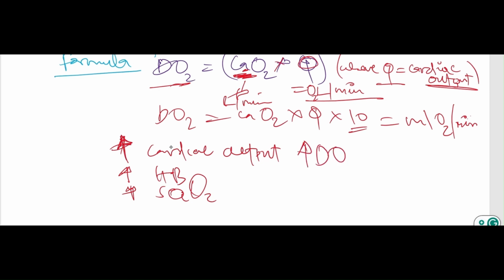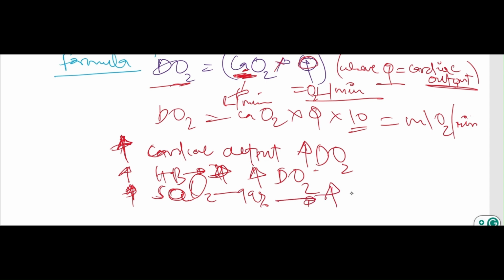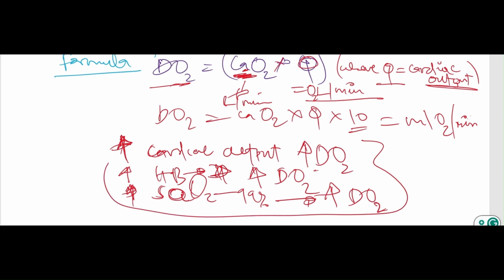When there is increased cardiac output, there is increased oxygen delivery. Similarly, when you increase Hb, there is also increased oxygen delivery. And when the hemoglobin carrying oxygen is well saturated with oxygen, that is, your saturation is at 99%, then automatically oxygen delivery to tissues is increased, and vice versa is true.